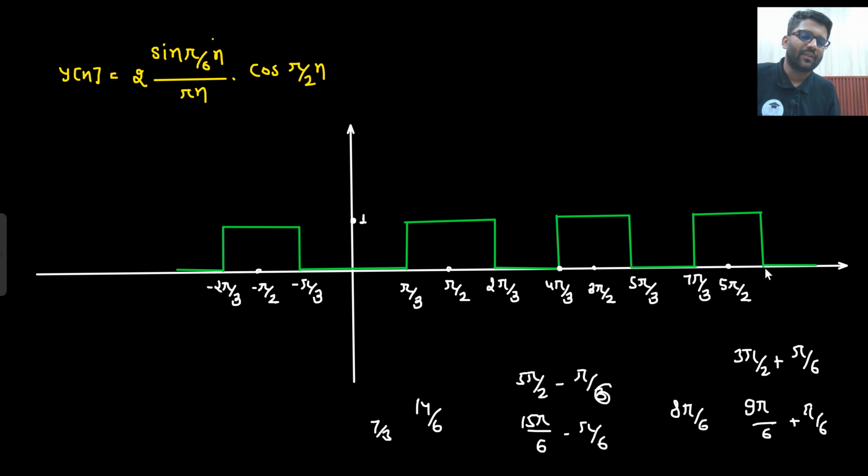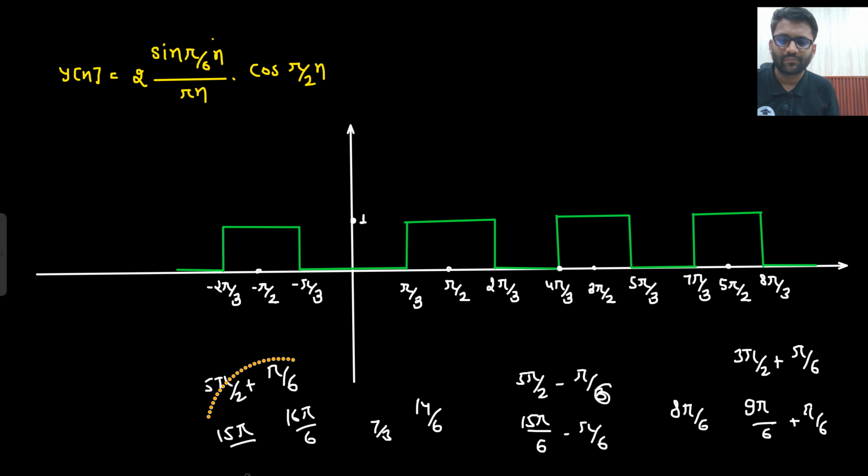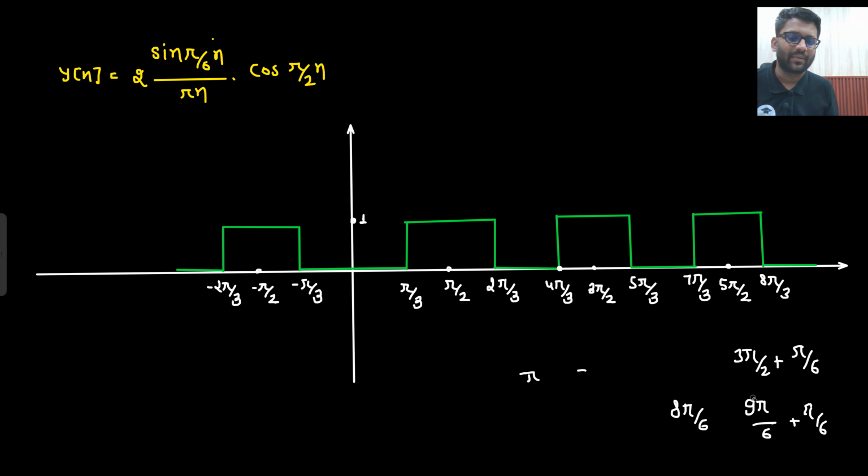And then plus pi by 3, that would be 8 pi by 3. So 5 pi by 2 plus pi by 6. Yeah, this is the thing that is happening.